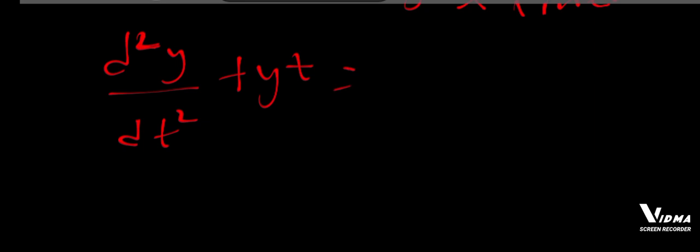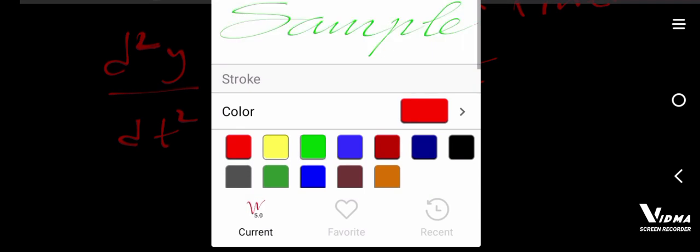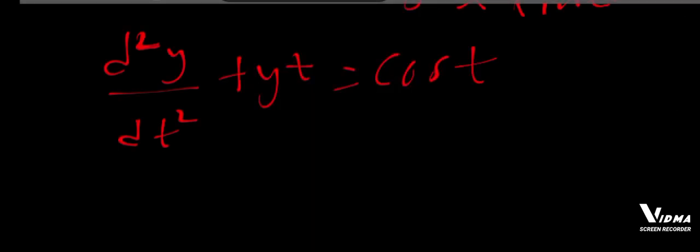Let's go to another example. We have d square y over dt square plus yt equal to cos t. Let's see, our first condition is satisfied. They are all in the first degree.